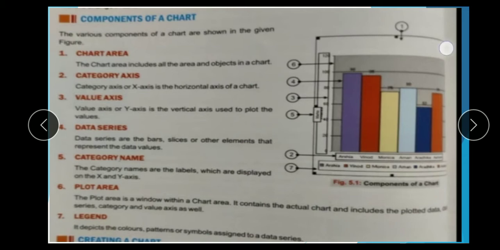And chart area means all these things, but the plot is where your chart shows. Then the legend depicts the colors, patterns, or symbols assigned to a data series. Means here different colors show different things. So this is called the legend.